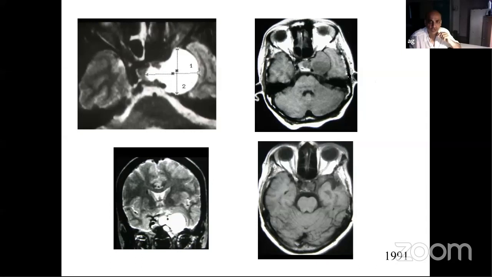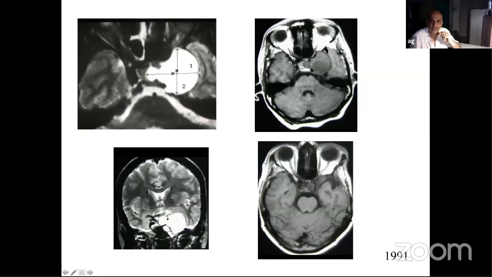This occurs within the confines of the cavernous sinus. In 1991, I removed this tumor. I am not sure there was any article in the literature before 1991 which showed a complete resection of a cavernous hemangioma. In our 1991 article we also described the dural relationship of cavernous hemangiomas.